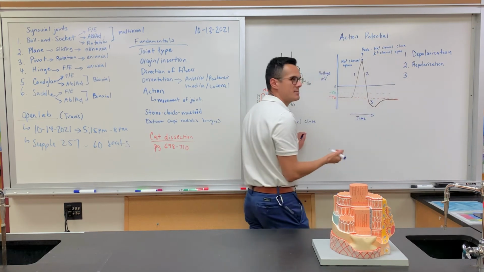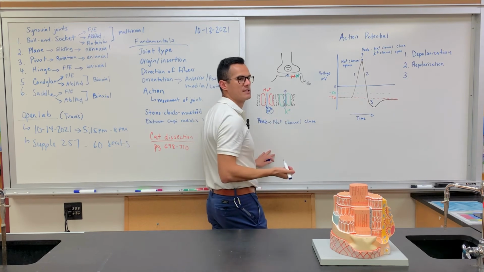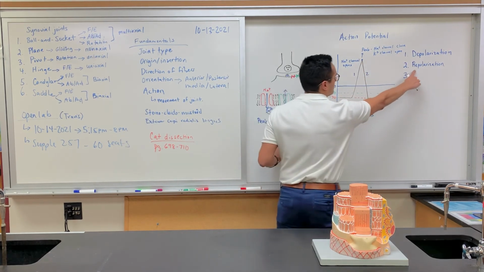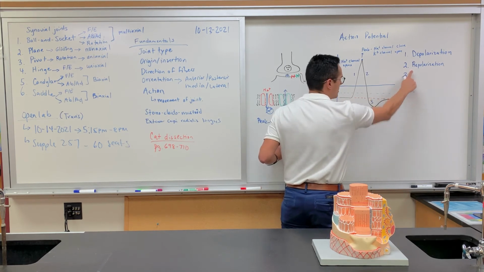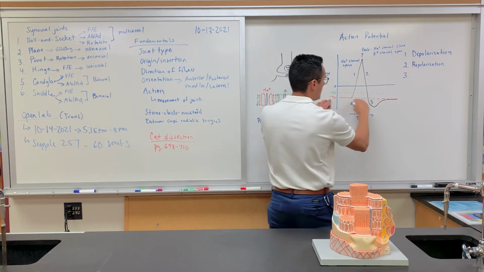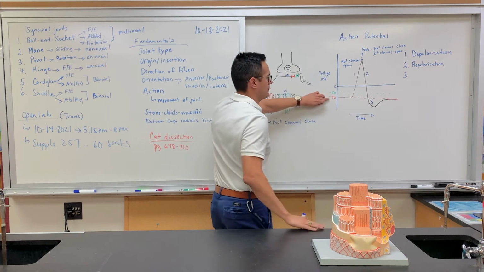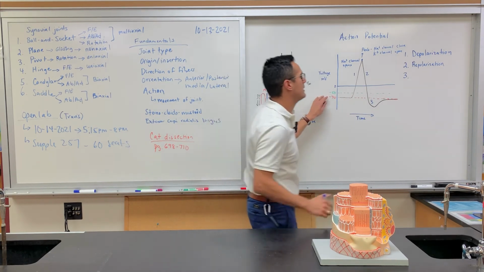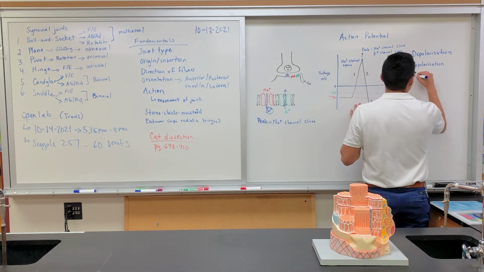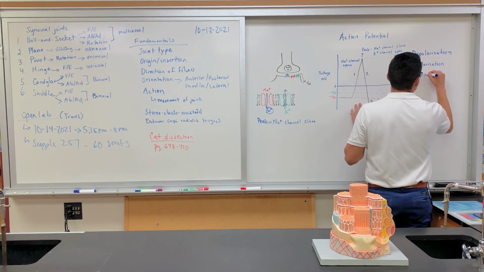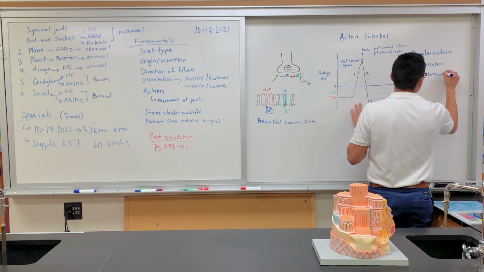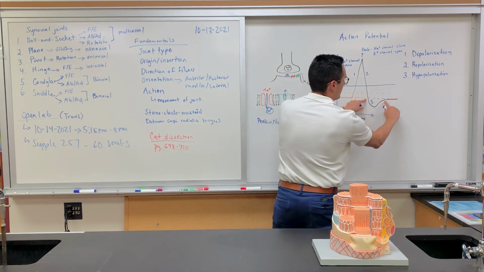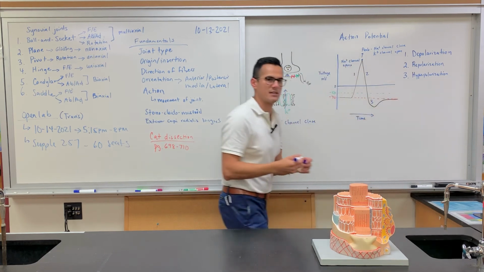So when the potassium channel opens, potassium leaves the cell, and then it becomes more negative once again. The event is known as repolarization. Once we go past this point here, where we go past what's known as the resting membrane potential, that's what we know as hyperpolarization. And so that's what this curve here is indicating, and then it'll go back to resting membrane potential.